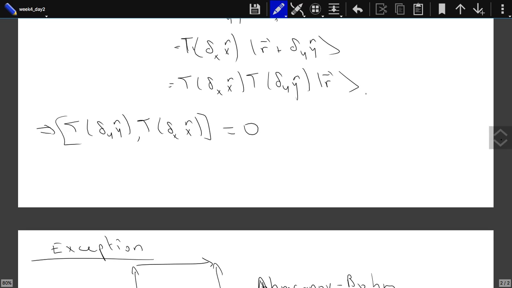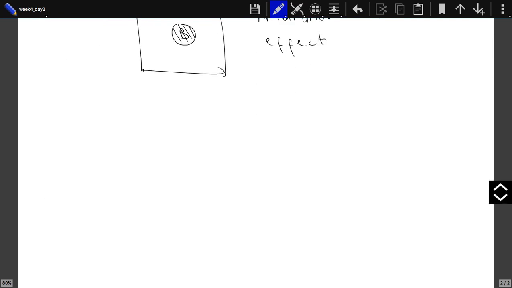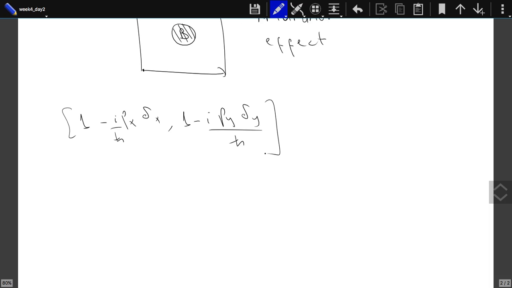So the translations in the x and the y directions should commute. Now, if they commute, we know what those translations are, at least for infinitesimal distances. It will be 1 minus i px delta x over h bar and 1 minus i py delta y over h bar. Well, 1 commutes with this operator, and the only thing left is the commutator of the second terms.